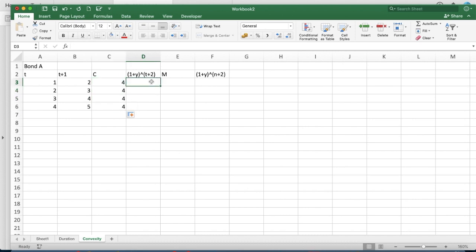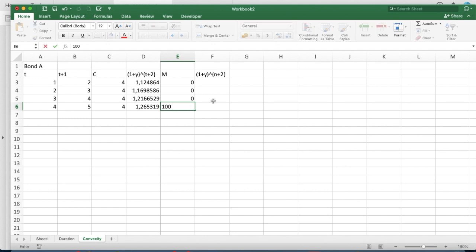Now the 1 plus y power T plus 2. So remember, 1 plus y is 1.04 power, so open the parenthesis, T plus 2. Then we scroll down. Now the M, which is the final payment, we won't receive any final payment during the first 3 periods, and at the end of the 4th period we will receive the final payment or the par value payment.